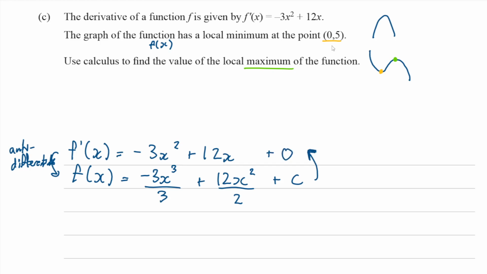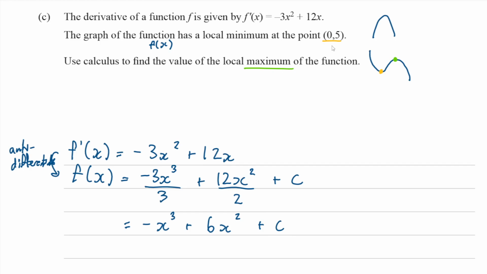So to go the other way, we don't know what the constant will be. C could be 0 because the derivative of 0 is 0, or C could be 3 trillion because the derivative of 3 trillion is also 0. So that's why we have plus C. Simplifying our fractions a bit, we get negative x cubed plus 6x squared plus C.